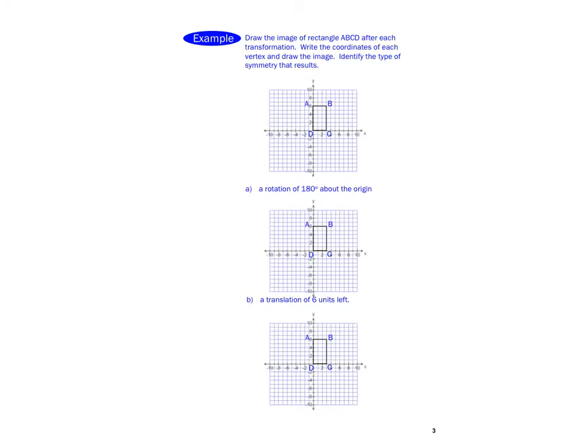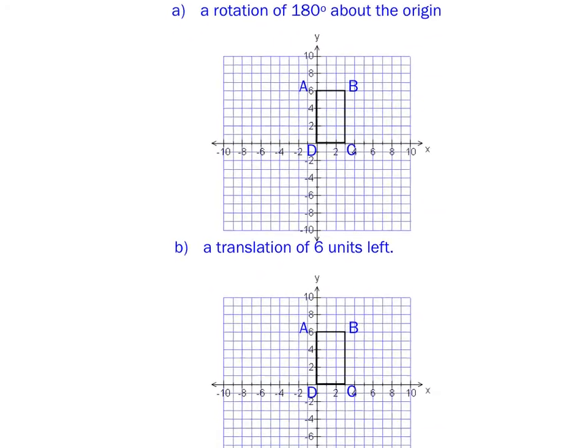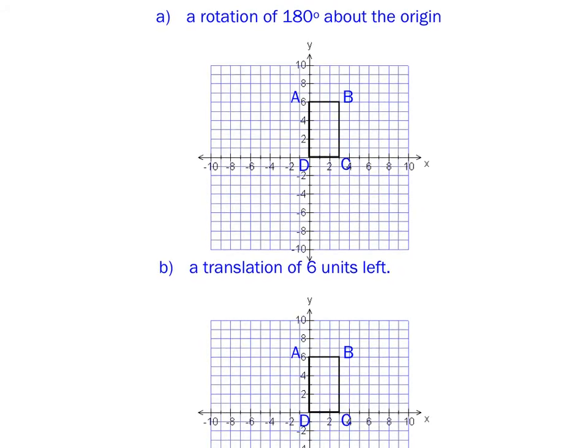Here we're given a rectangle and we are asked to rotate it and then see if there's any type of symmetry that results. So, if we rotated 180 degrees about the origin, what would that look like?